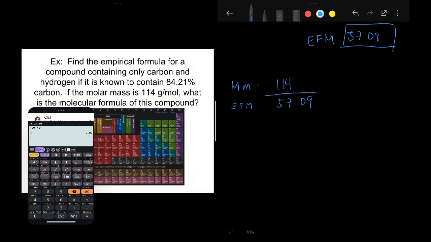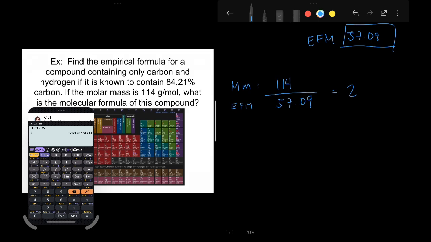So there we calculate 114 divided by 57.09. So we got here 2. We just simply rounded it off.